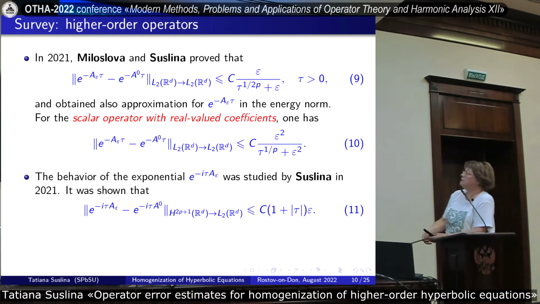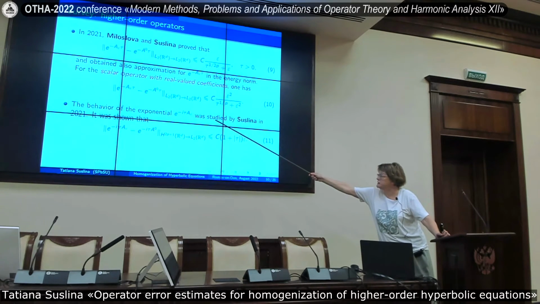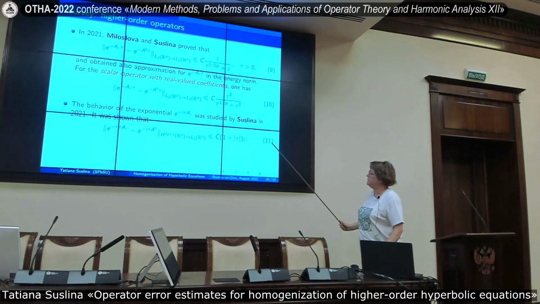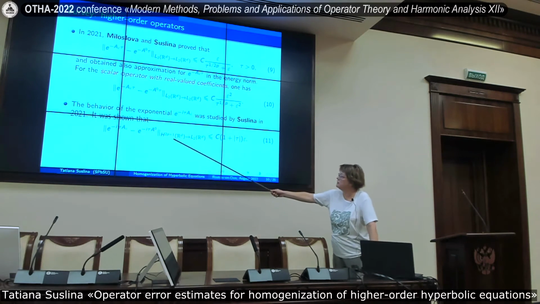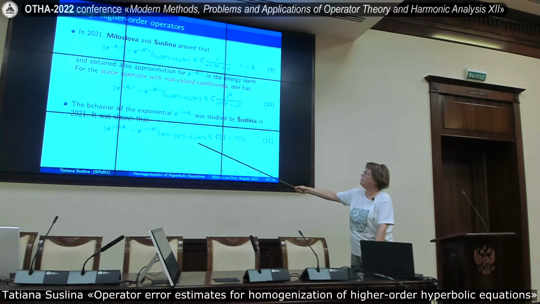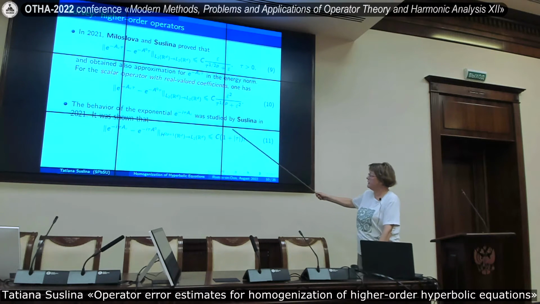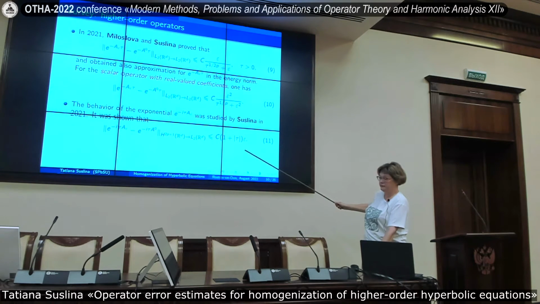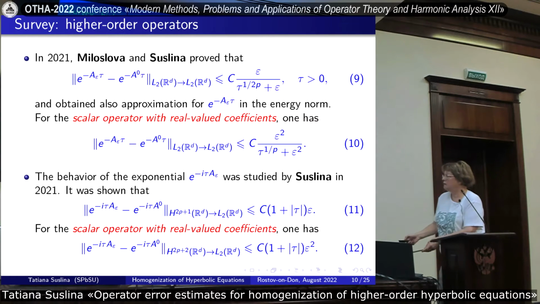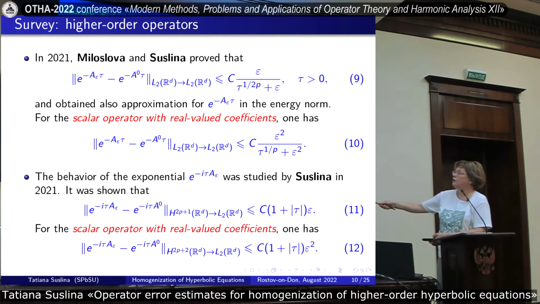And finally, in my recent work, this exponential was studied for higher order operators, and estimate 11 was obtained. Here, the norm is from H^(p+1) to L2. If we take such a norm, then we have a sharp order estimate, epsilon here. And again, an improvement for the scalar real case.